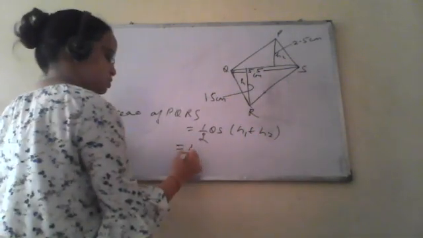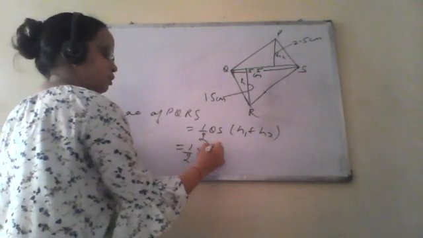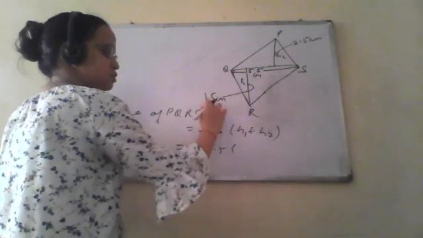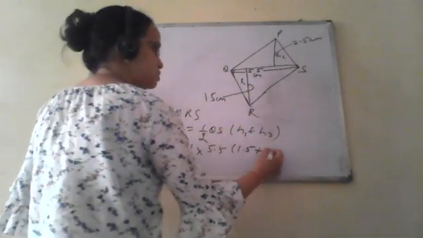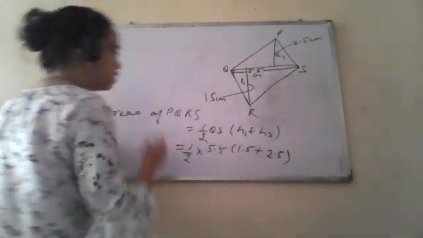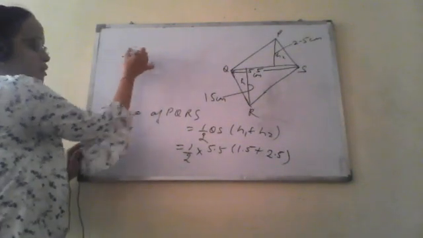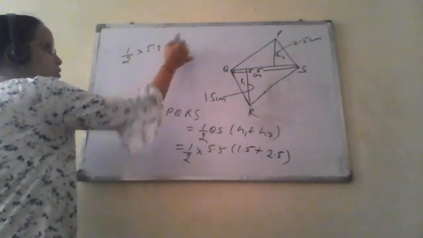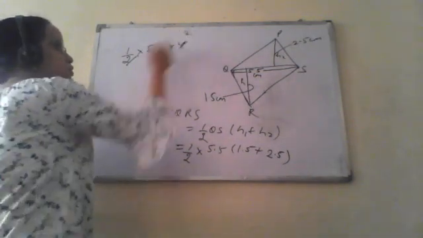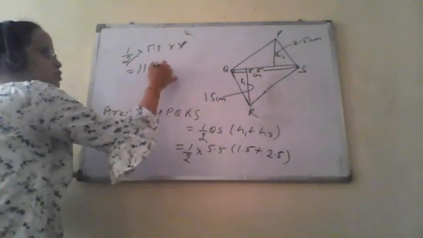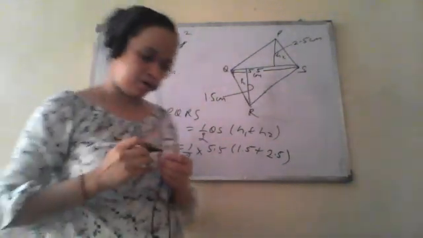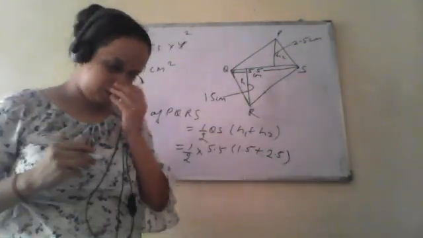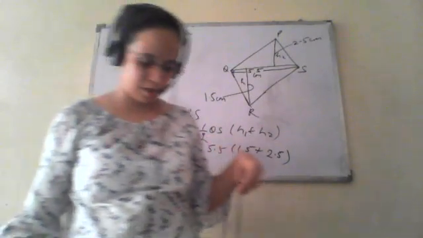QS is 5.5, and H1 plus H2 is 1.5 plus 2.5. So this is half into 5.5, and 1.5 plus 2.5 will be 4. This is 2 and this is 11. So the area of this quadrilateral is 11 centimeter square.